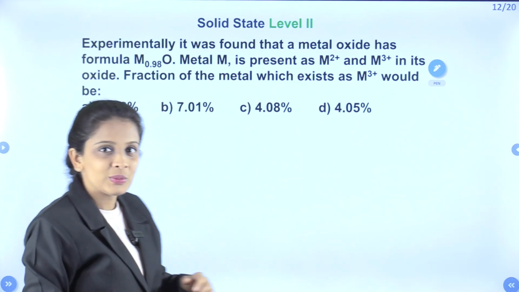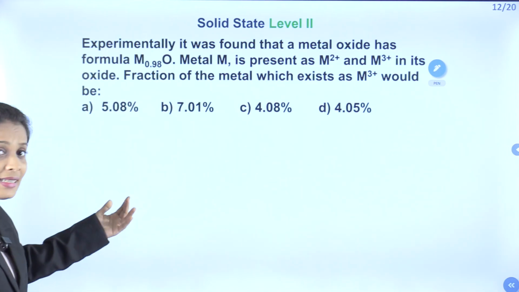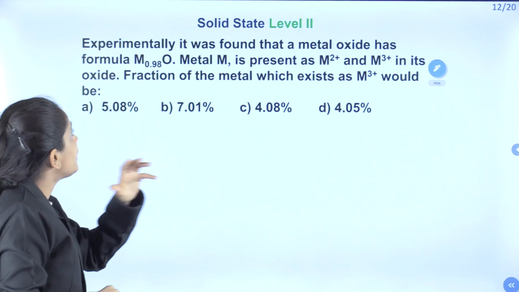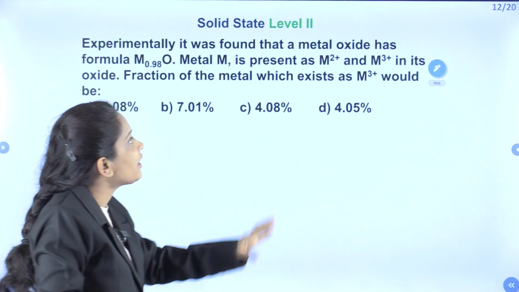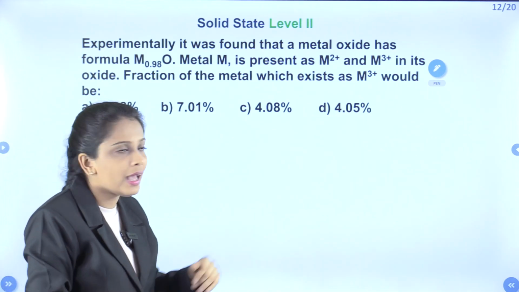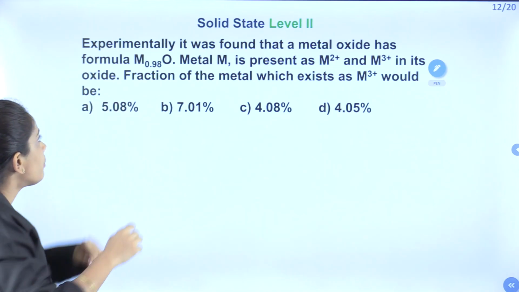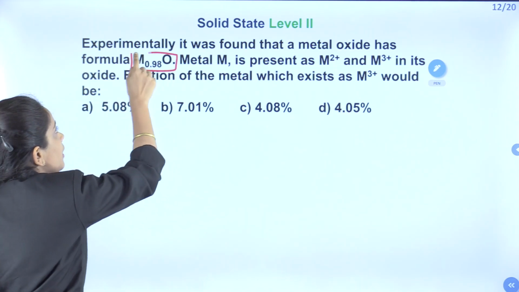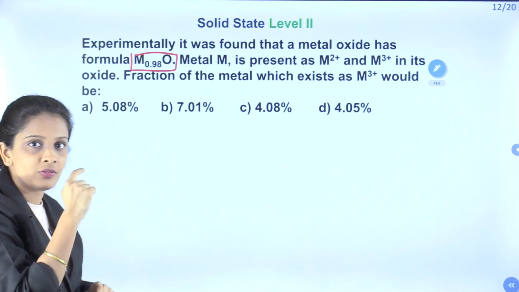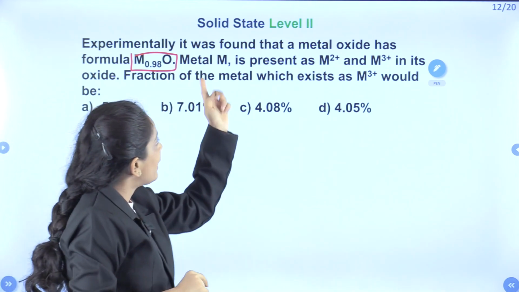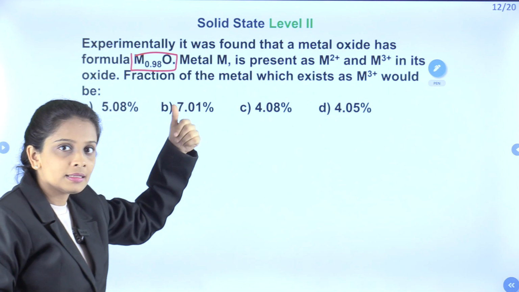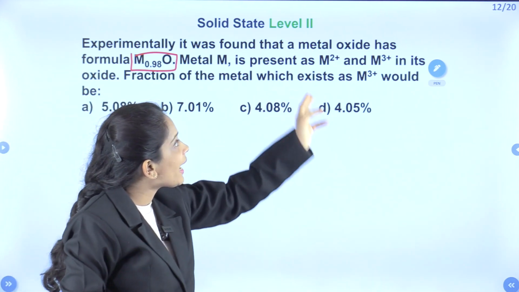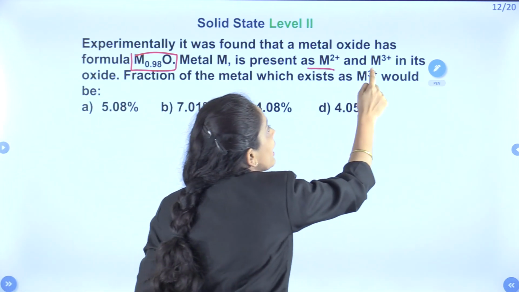So we have our first question in front of us, which says that experimentally it was found that the metal oxide that we have has the formula. This is the important formula that we need to understand for this question. Metal M, the metal symbolized as M, is present as M plus 2 and M plus 3.